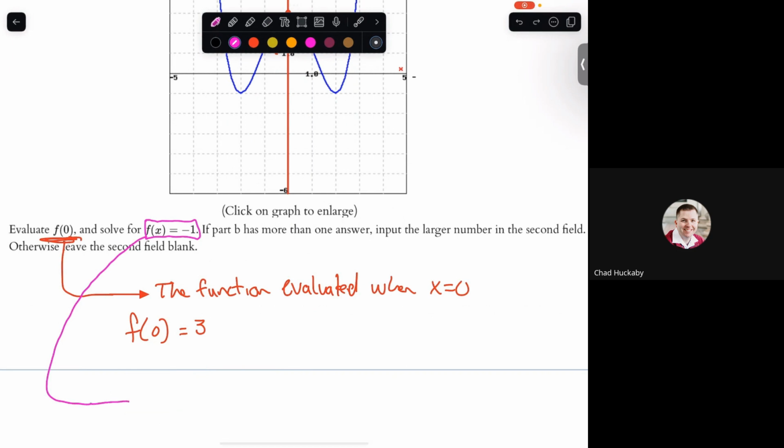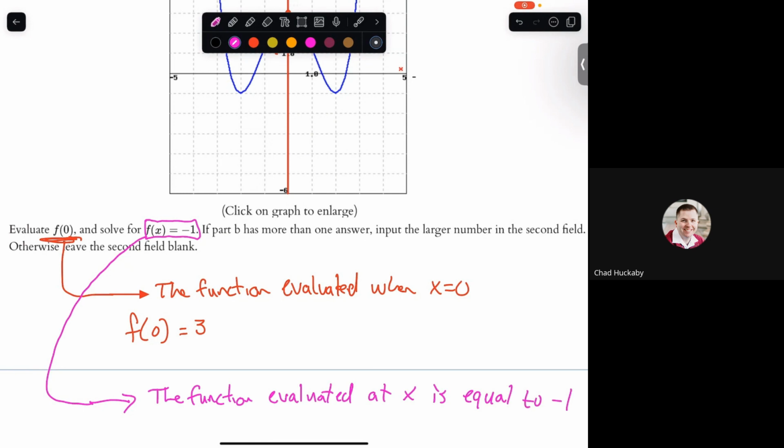This means the function evaluated at x is equal to -1.